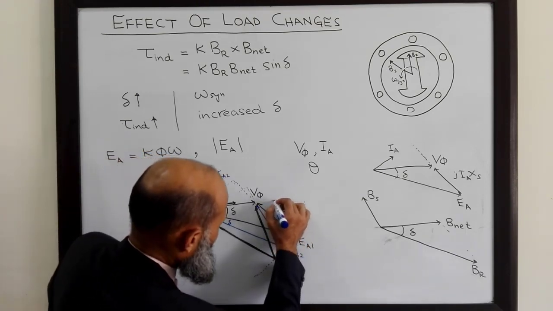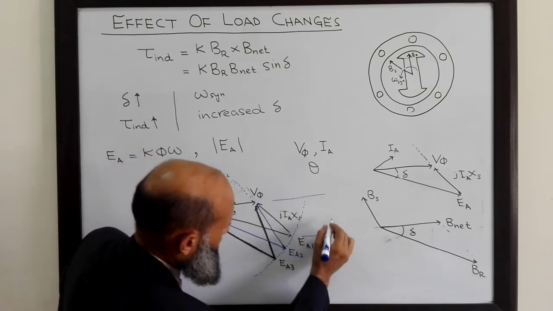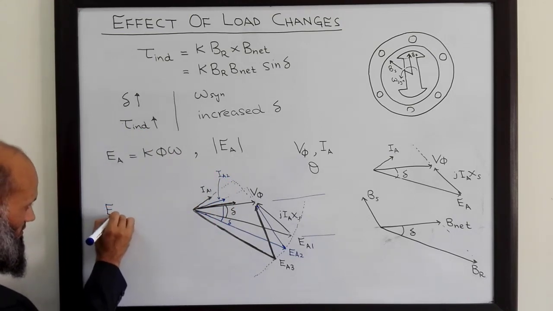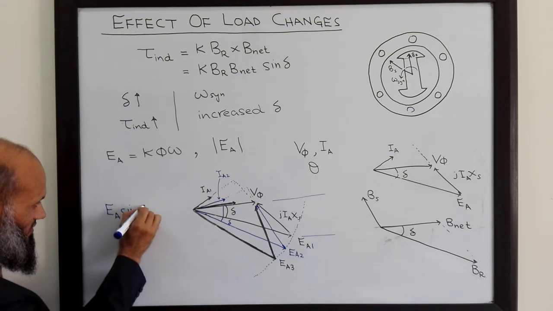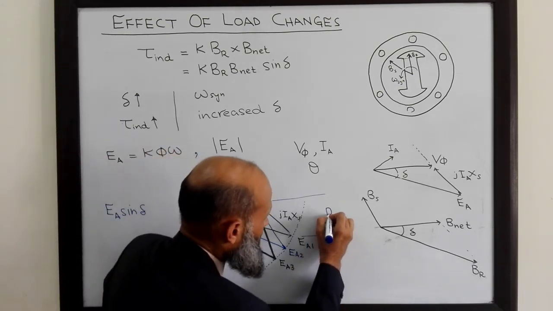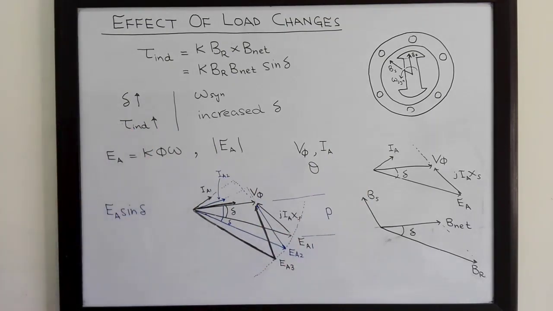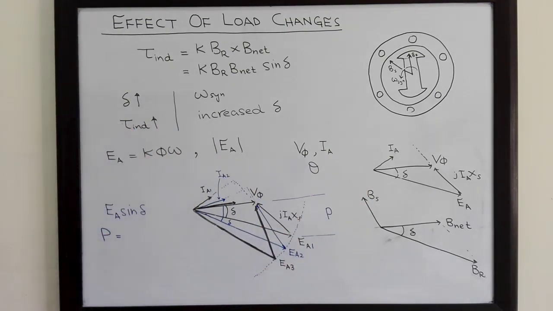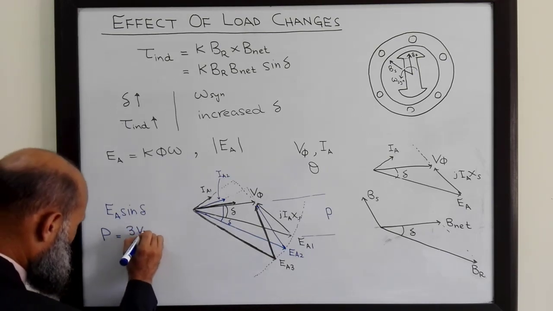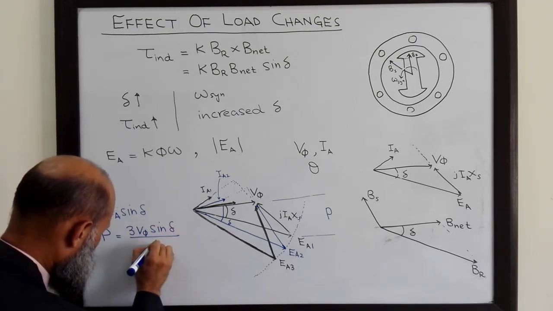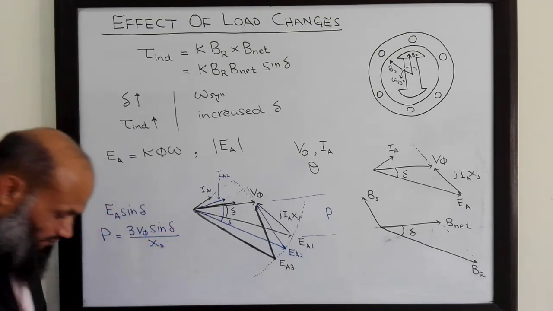This length from here to here is equal to EA sine delta. That is proportional to the power of this motor, because we have derived the expression for power for the synchronous motor, given by 3 V phase EA sine delta over XS.